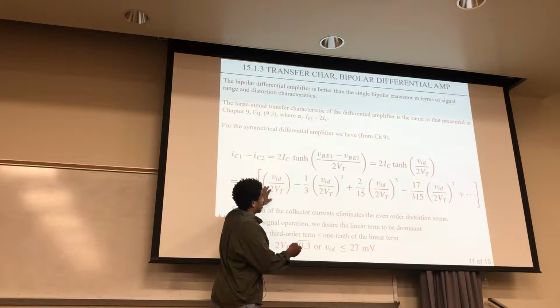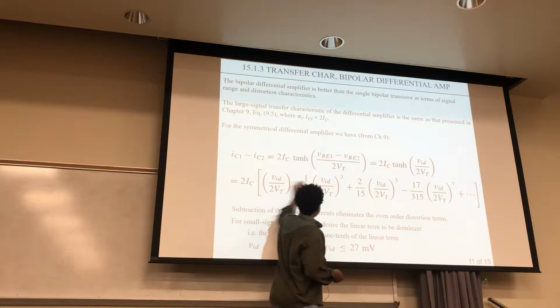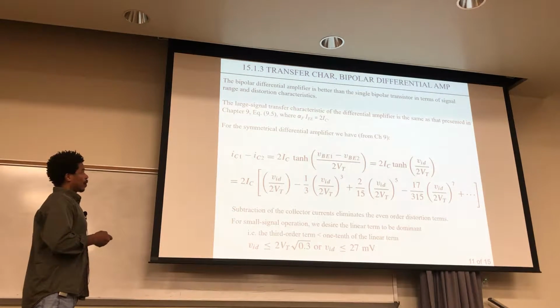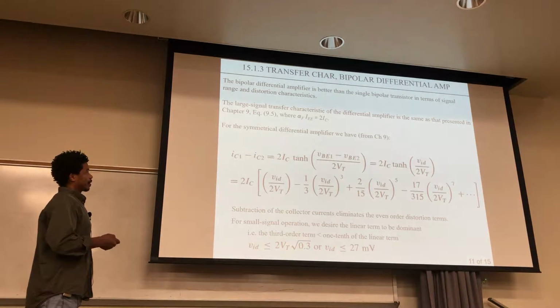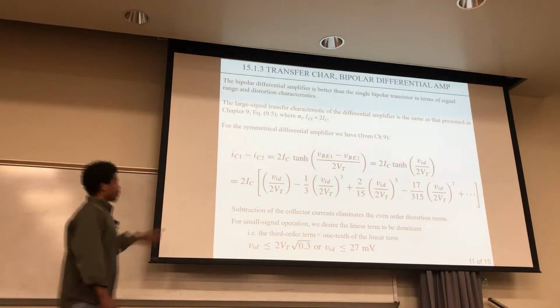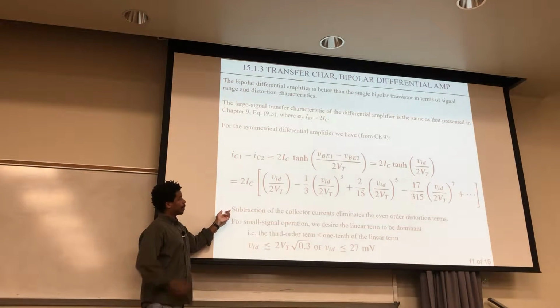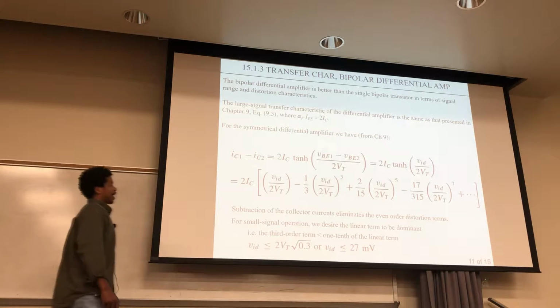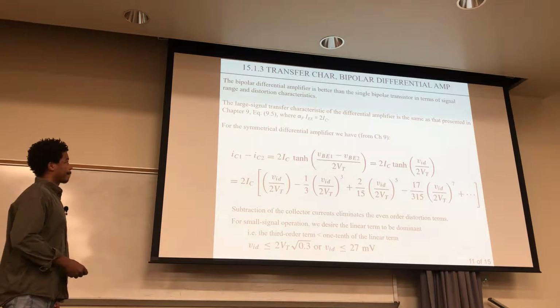So doing a series on this right here, this tangent H, is just like this. Now, what's really interesting is that it's going in odd powers. You can see that. The nice thing about that is that that actually eliminates any distortion that is due to the even powers. So that's quite interesting.